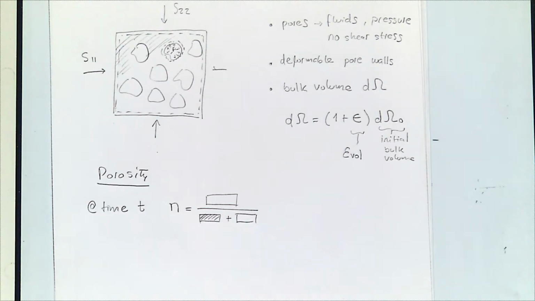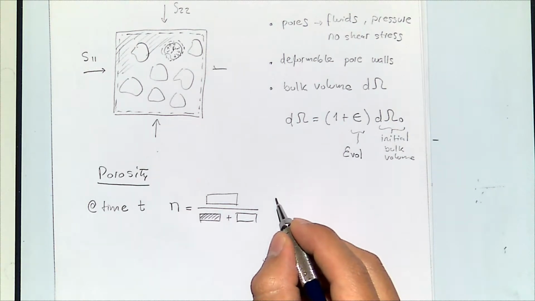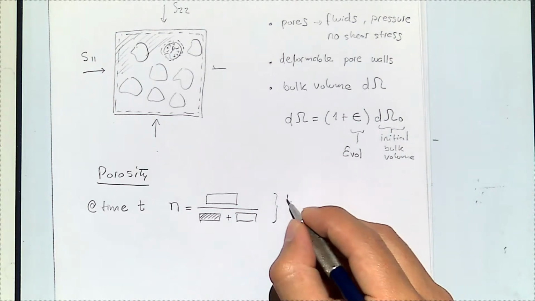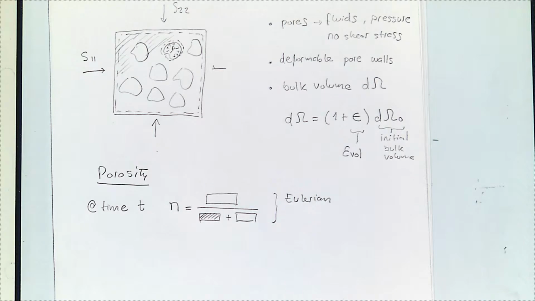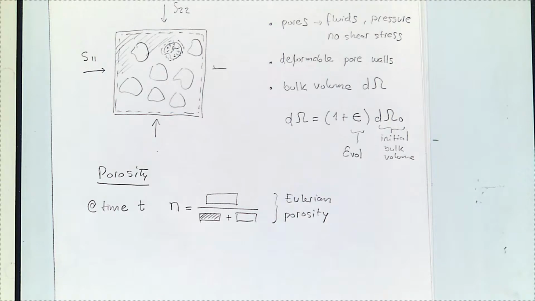All right. When we do this definition, it's very important that we notice that this is the definition of porosity made at time t, and this refers to the bulk volume at a time t. In math, that is referred to as an Eulerian approach, because it refers to the current time, and because of that we call this one Eulerian porosity.